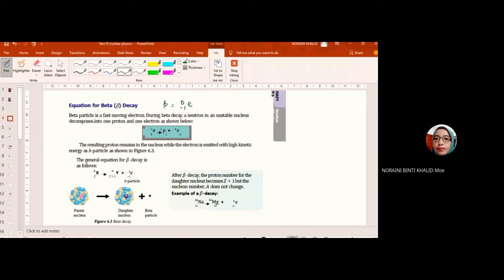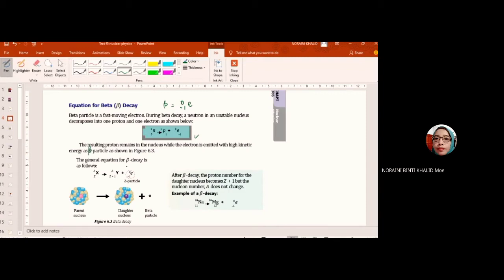Beta particles are fast moving electrons. During beta decay, a neutron in an unstable nucleus decomposes into one proton and one electron as shown below. The resulting proton remains in the nucleus while the electron is emitted with high kinetic energy as a beta particle, as shown in the figure.